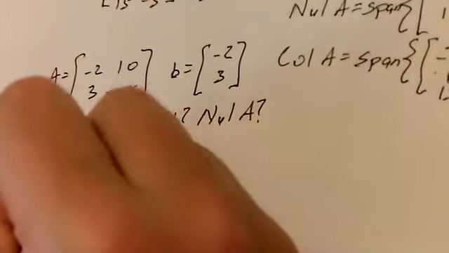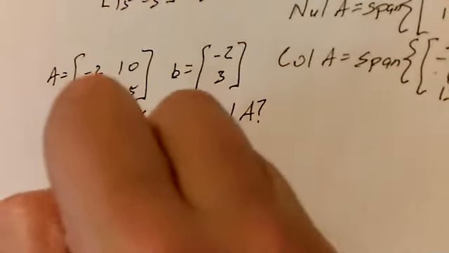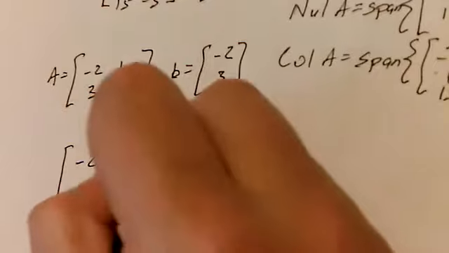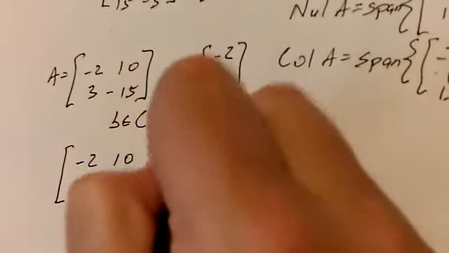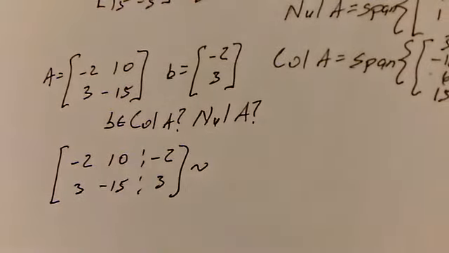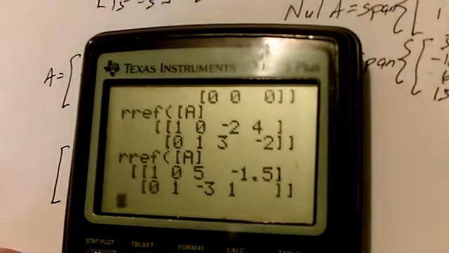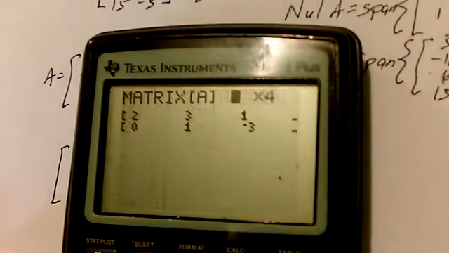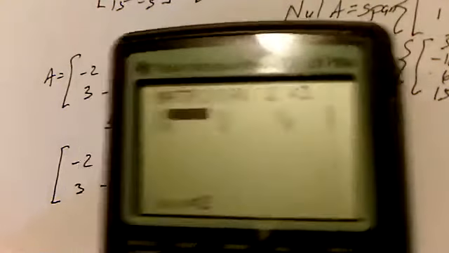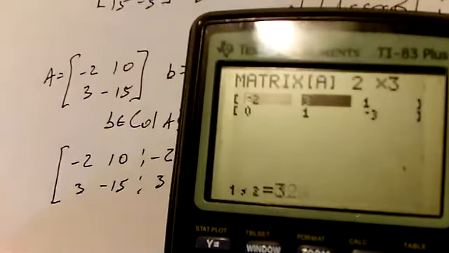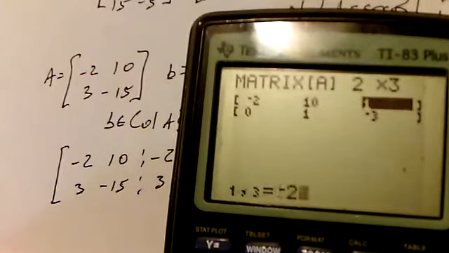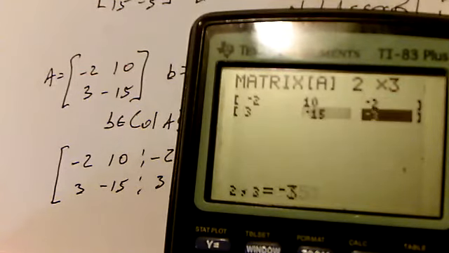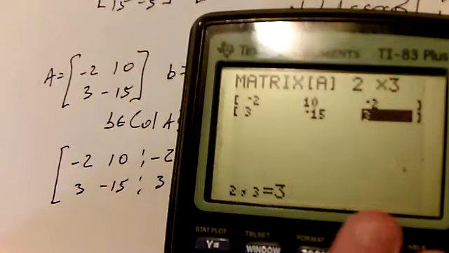Okay. Well, to figure out if it's in the column space, the easiest thing to do is set up a linear system. So augment with the vector you're interested in. Okay, we're going to row reduce that matrix. I'll give you a shot here. Edit, so I'm going to have a 2 by 3. I'm going to type in my matrix, -2, 10, -2, 3, -15, and 3.